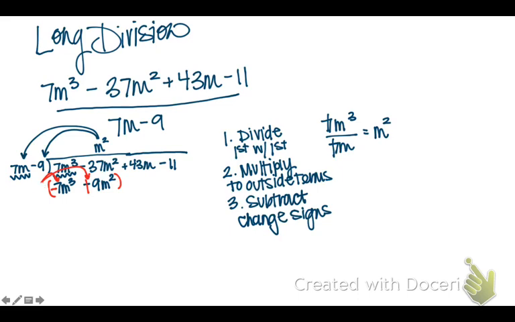Okay, and I can just erase this subtraction that we put on the outside there. So then 7m cubed and 7m cubed are gone. Negative 37 plus 9 is negative 28m squared.